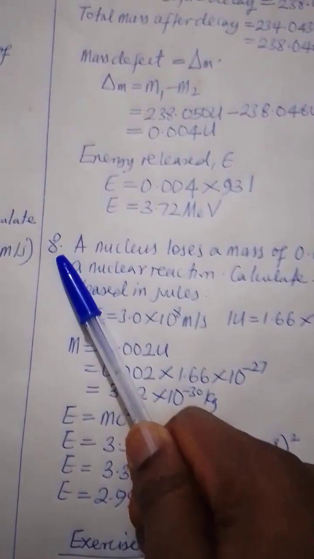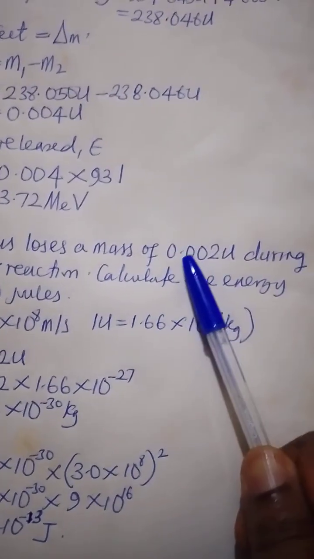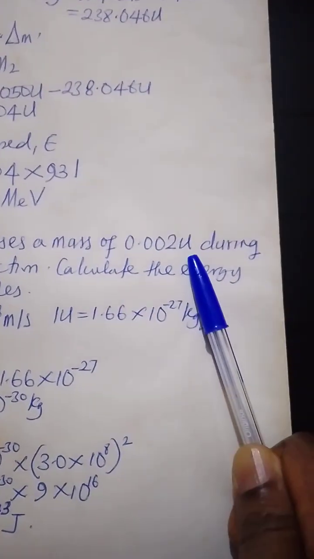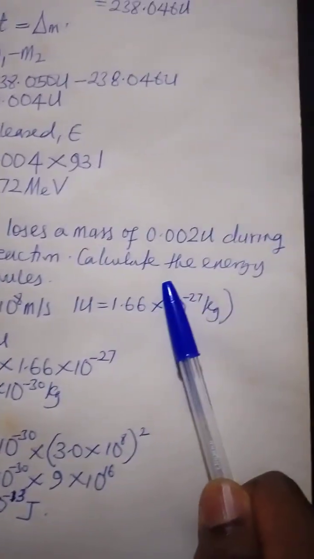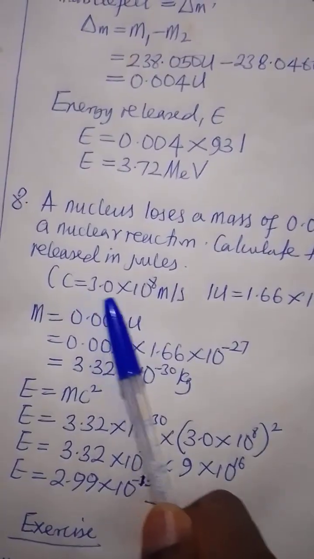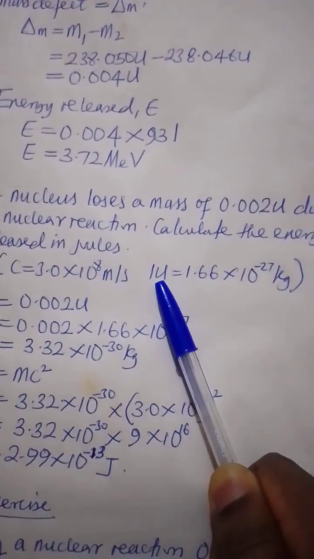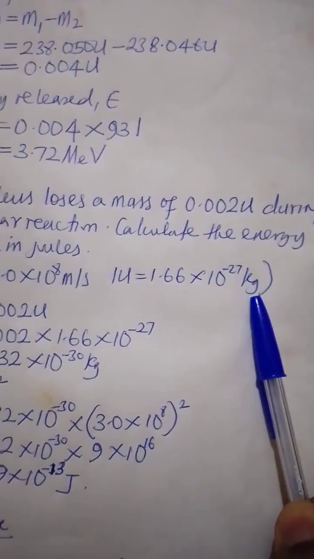Number 8, which is the last question we're considering. A nucleus loses a mass of 0.002 unified atomic mass during a nuclear reaction. Calculate the energy released in joules. We're told in this case 1 U is 1.66 times 10 to the power minus 27 kilogram.